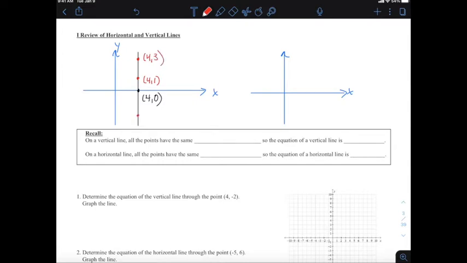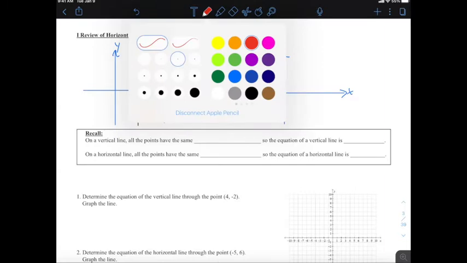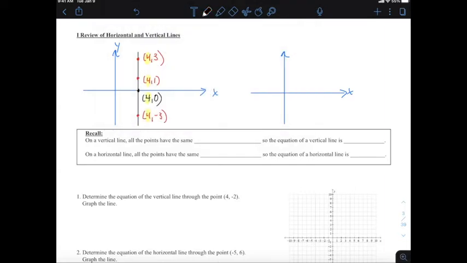And I know this looks a little bit random, but what I want to illustrate here is that regardless of where I pick these points in red on this line, I can see a pattern, and the pattern is the following: that all the points on this line have x value equal to 4. And this is one way of thinking about how to get the equation of the line. So very literally, because every point on this line has x value equal to 4, I can say x equals 4 is the equation of the line.